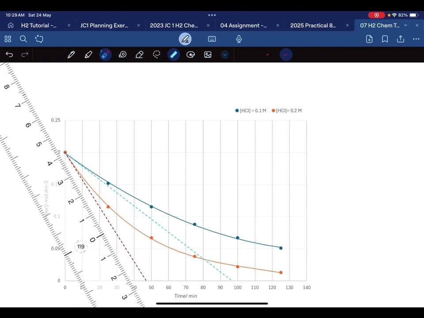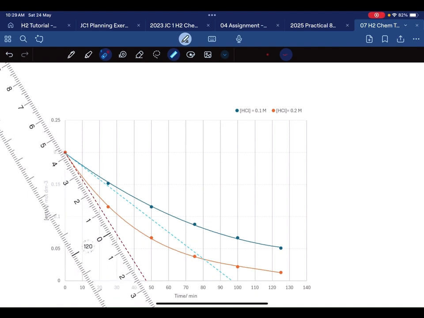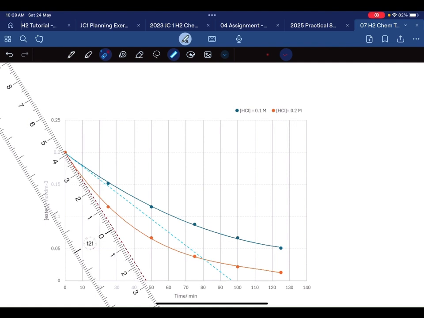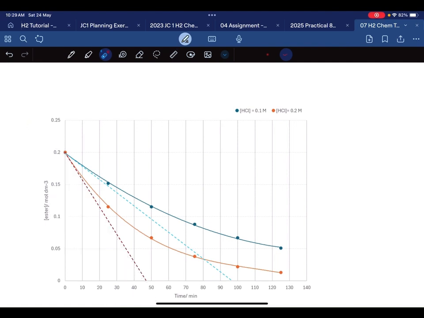Make sure that you extend this part of the graph, and make sure your ruler just touches the curve. Once you draw the line, you can now calculate the gradient, which is the change in concentration over the change in time.